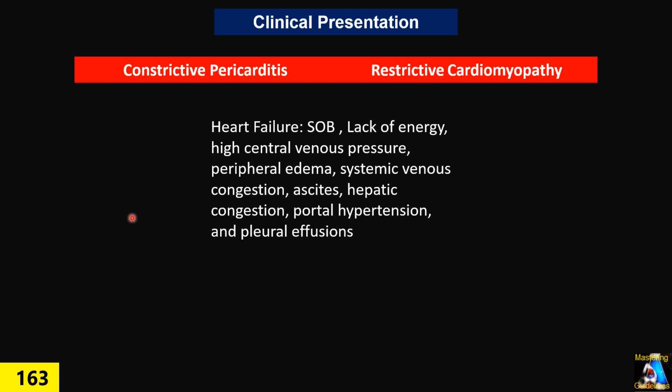For example, for tuberculosis, or for amyloidosis, especially in systemic disease, we will see some pulmonary or dermatologic findings. Otherwise, there are no specific signs and symptoms.